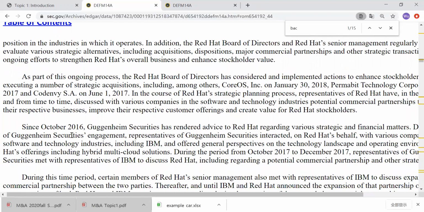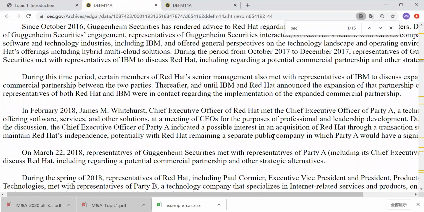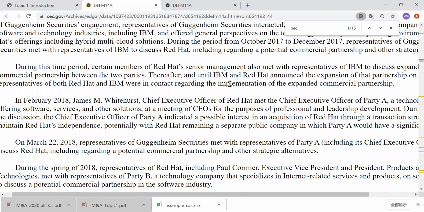Also, since October 2016, a financial advisor has been advising Red Hat regarding different strategic matters. This paragraph says that IBM and Red Hat initially had prior partnerships, but not related to a business combination; broadly, it's about commercial partnership.